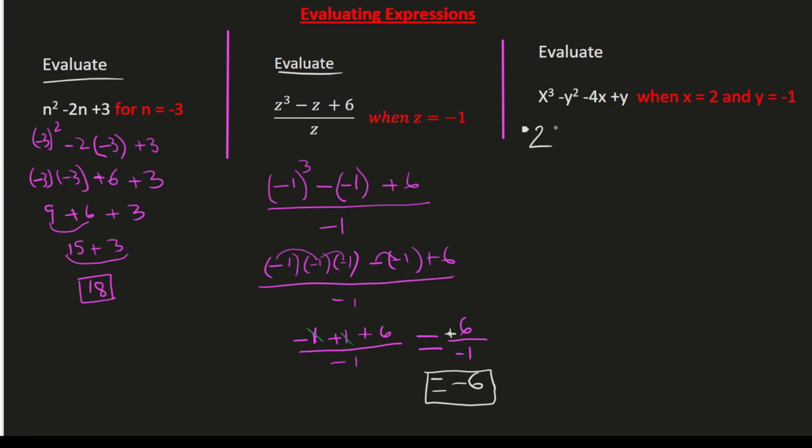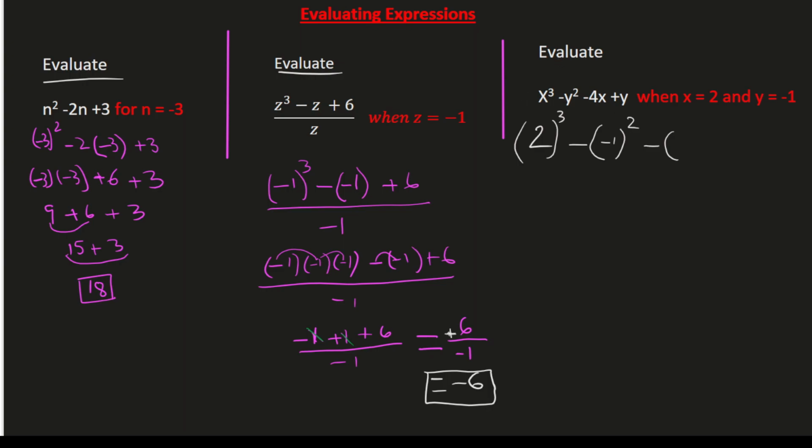This is 2, the x I have, but taken 3 times, and I keep the cube. Minus y squared. y is equal to negative 1, so this is negative 1, but squared. Alright, and we get minus 4, the 4x, where x is equal to 2.